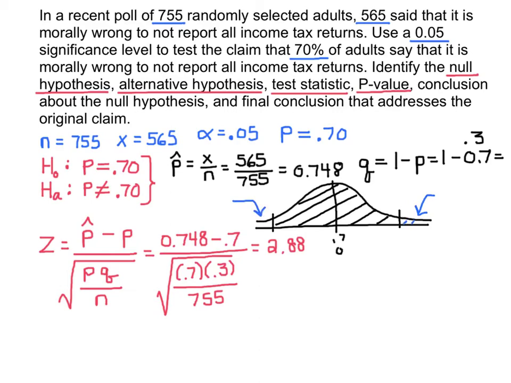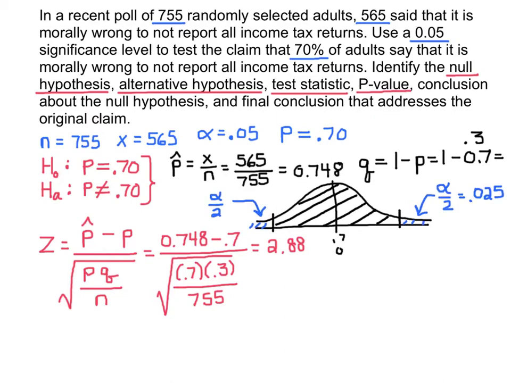So the area in this tail and the area in this tail is going to be our significance level divided by 2. So it's alpha over 2. Well, of course, alpha over 2 is half of 0.05, so it's 0.025. That's the area that we're looking at here.